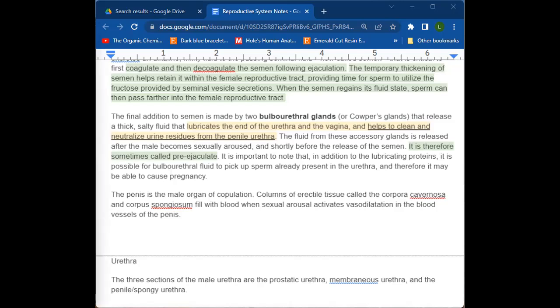So the bulbourethral glands will secrete this neutralizing substance to flush out the male urethra and prevent the sperm from getting damaged.